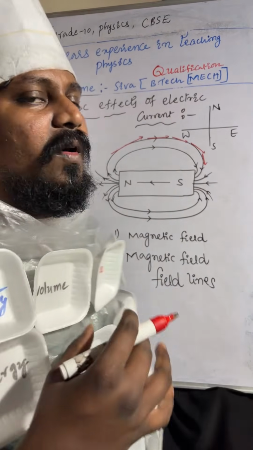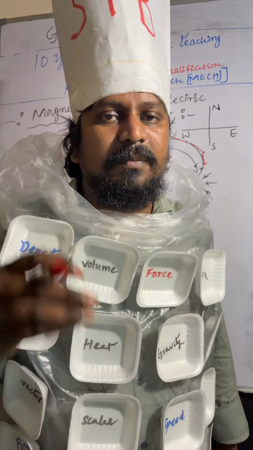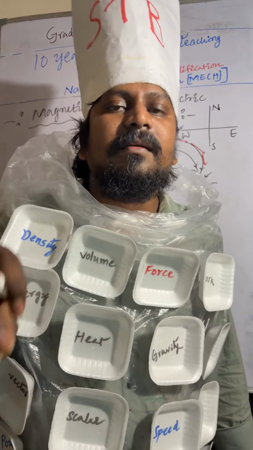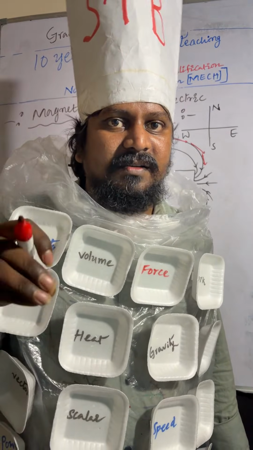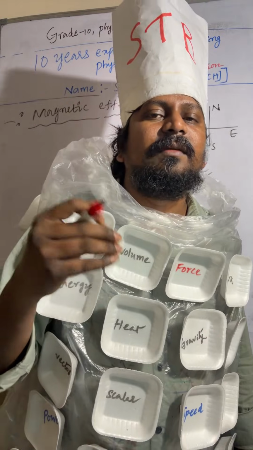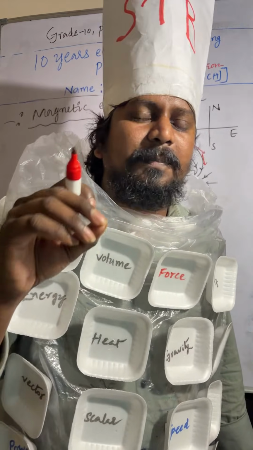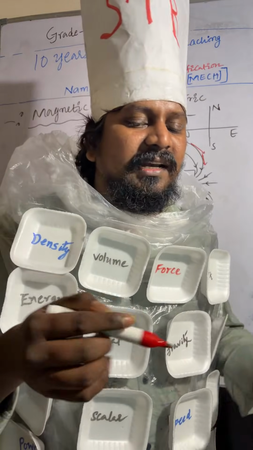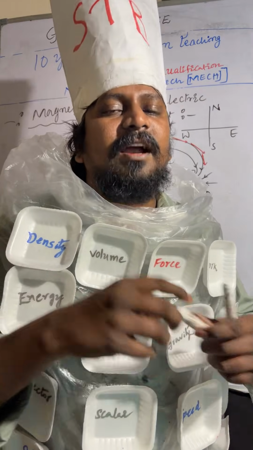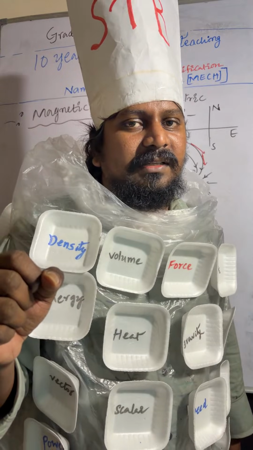At each and every point we can identify the magnetic field by drawing the tangent to the magnetic field lines. A tangent is nothing but a line that touches the curve at one point.